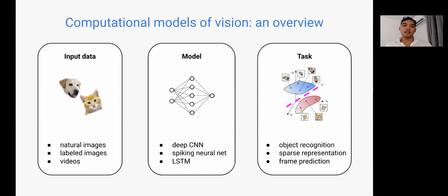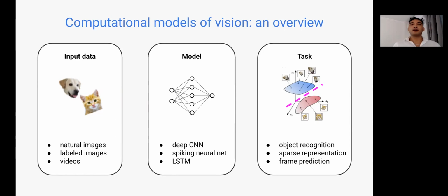So some examples of this: essentially what you want to train your models to do is map some input data into the model and then get the model to do some kind of task based on the input data. The most common example, I think, is image classification. If you have images of cats and dogs, you want your model to be able to recognize one from the other.